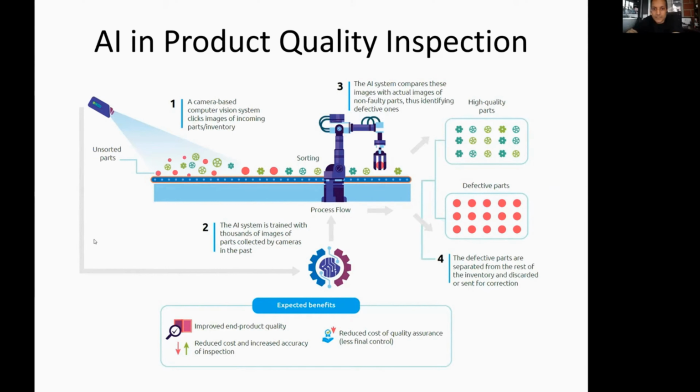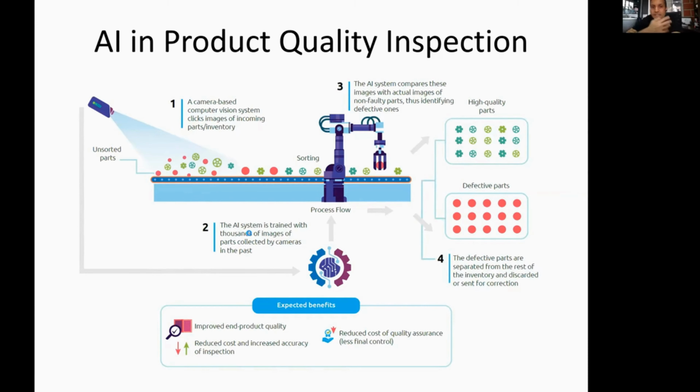Now you have an AI system which is trained based on previous images, the training data as it's called, and that AI system is used in predictive analytics. It makes a prediction about whether the part is defective or of good quality.